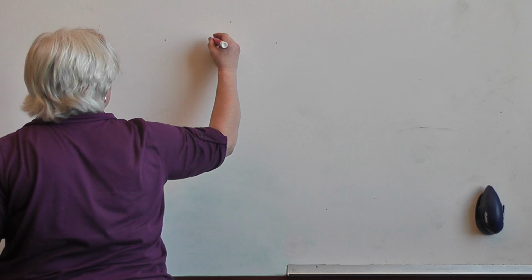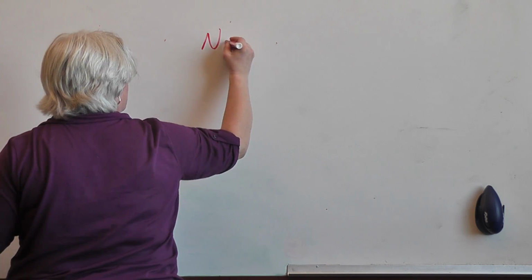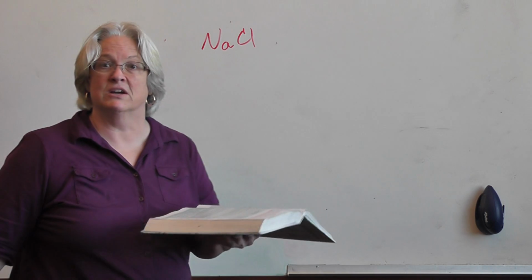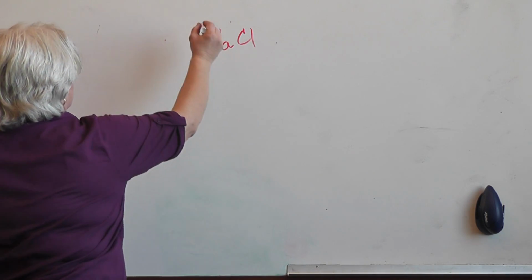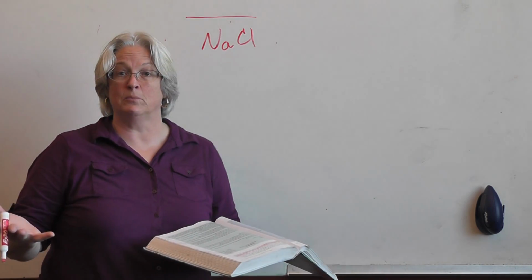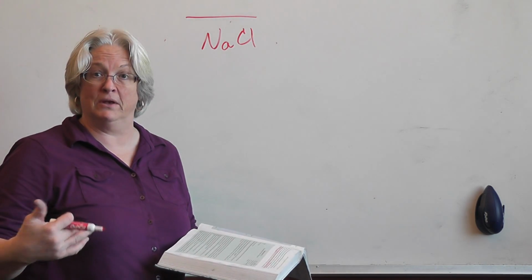Now remember, a mole is just a number. It's 6.02 times 10 to the 23rd molecules of sodium chloride. That's Avogadro's number. So what we're going to have to do is realize that we have sodium chloride. Is sodium chloride a compound or an element?